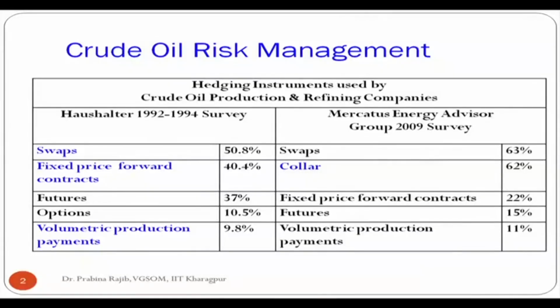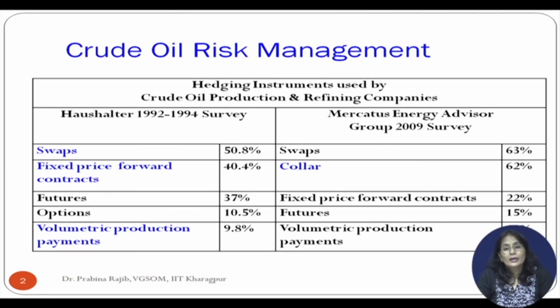Now, does it happen quite often? Yes, because if you recall, we started discussing with this particular information that swaps are one of the most often used derivative contracts by crude oil producing and refining companies.